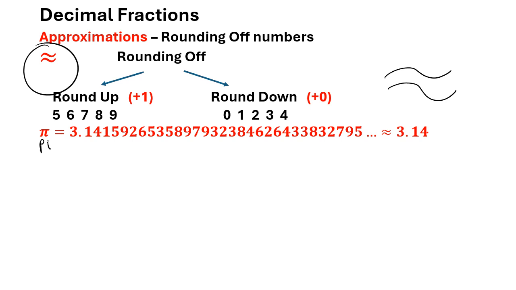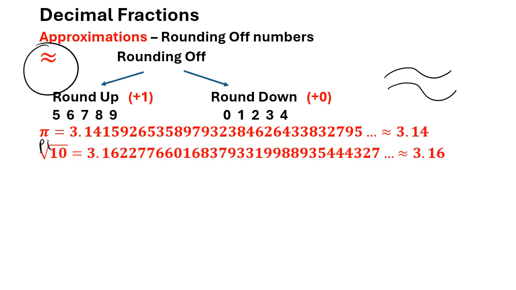All right, we also have, for example, the square root of 10, and the square root of 10 has a lot of decimals too, so you can see that the decimals are not recurring, and these numbers appear to be examples of irrational numbers. You want to round these numbers so that people would know the approximate values of these irrational numbers.